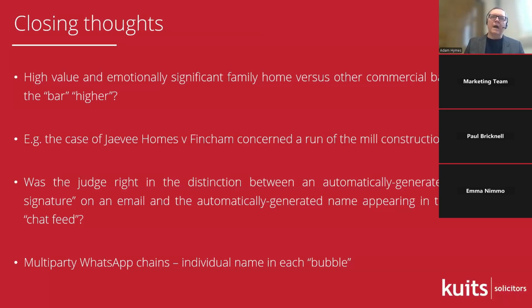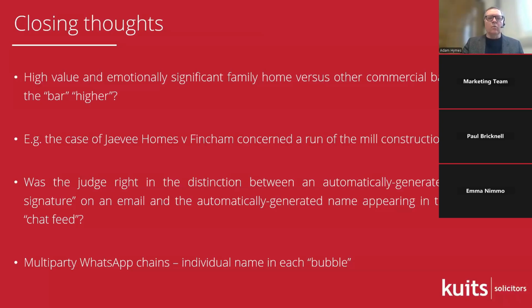Did the judge perhaps look to set a high bar for establishing that the WhatsApp exchange had created a contract, whereas perhaps in a construction contract, the example I gave, between commercial parties who are more savvy as to how the law works, perhaps more willing to accept that that could give rise to a contract, as I give in the second bullet point there.